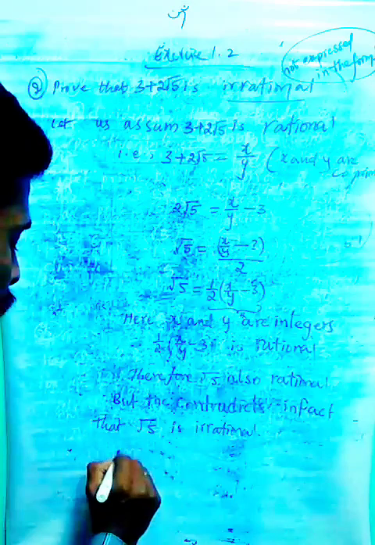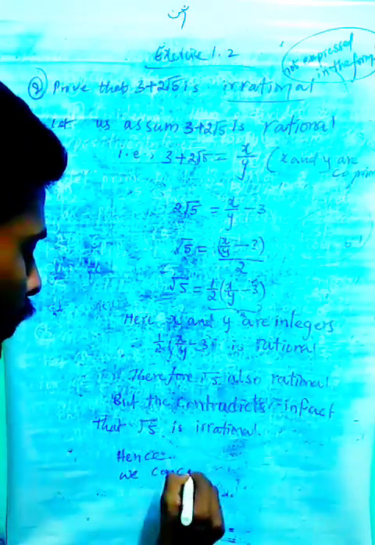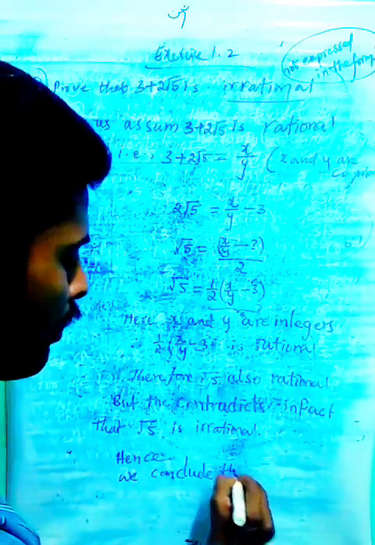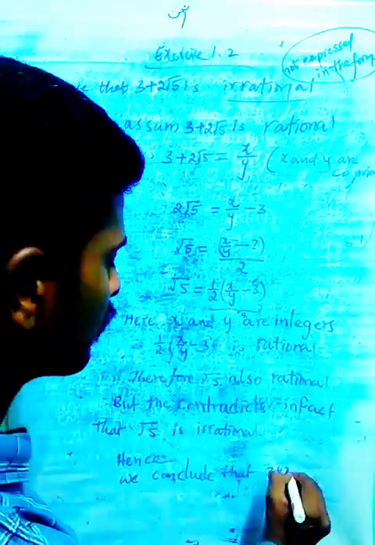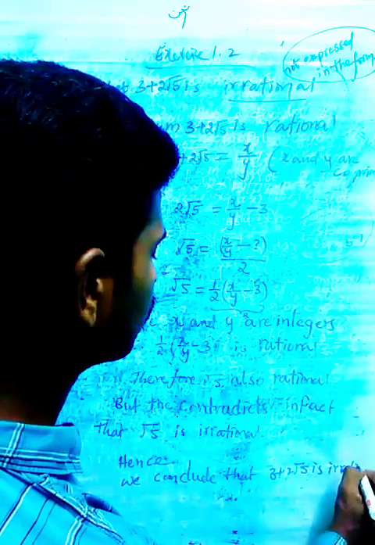Hence we conclude that 3 plus 2 root 5 is irrational.